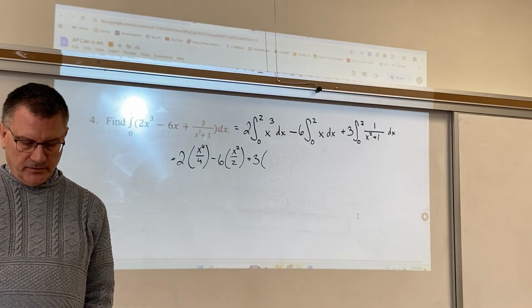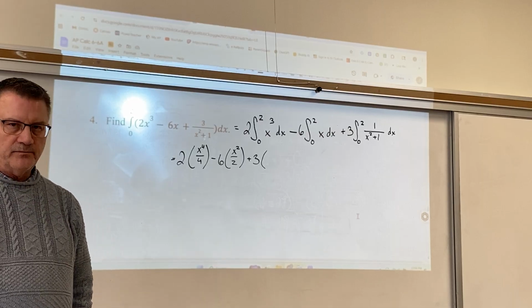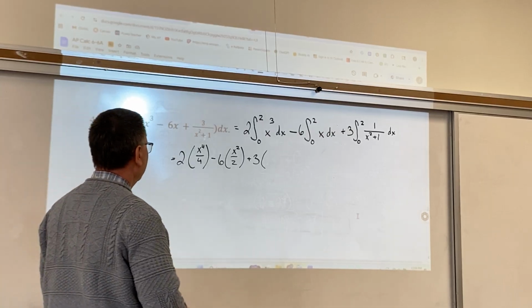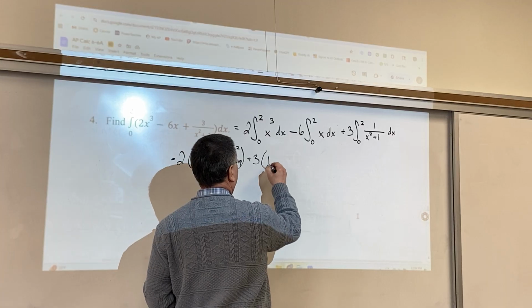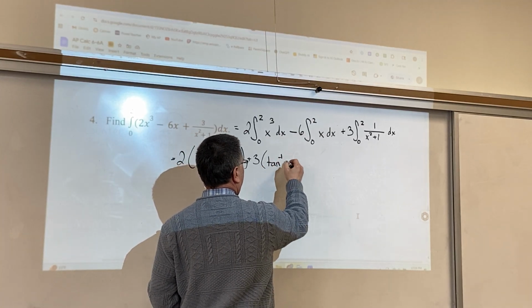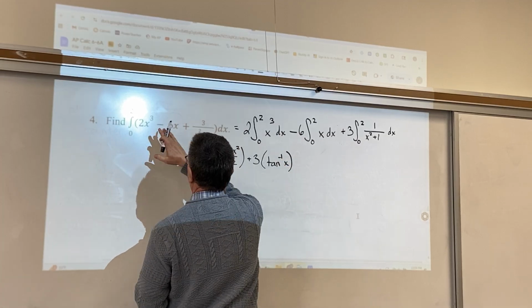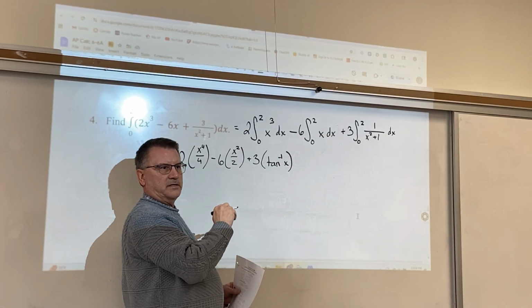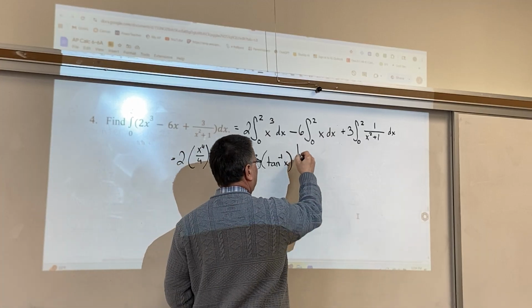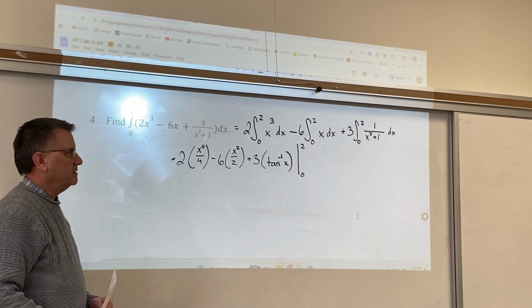Yes, which is why I pulled the 3 out, because I see a lot of 1 overs. Inverse tangent of x plus c. Yes, but we don't need the C here because we're going to be taking the whole thing from 0 to 2.